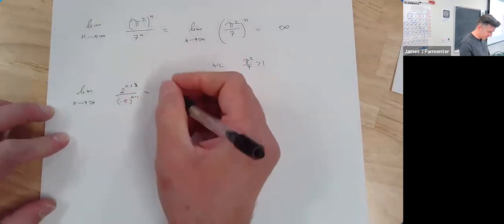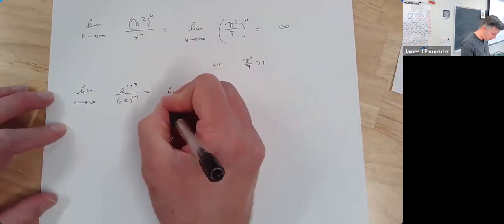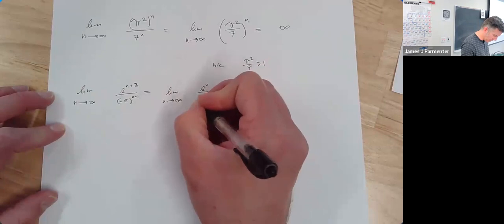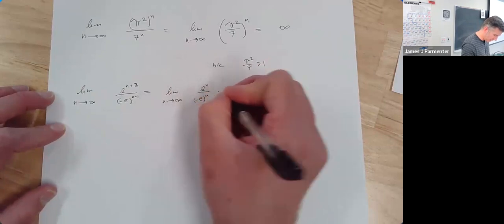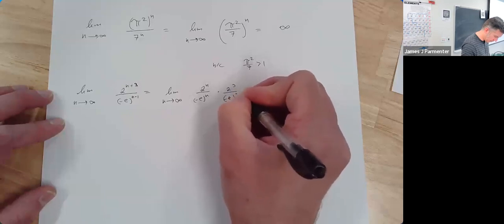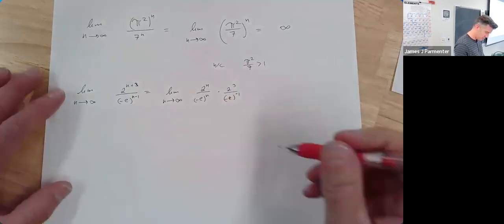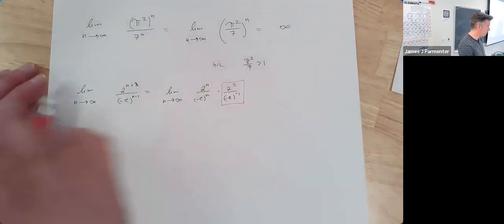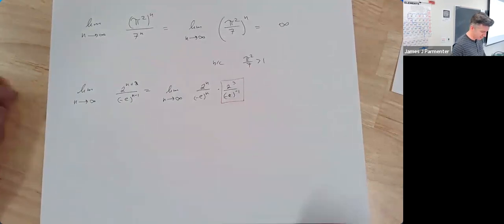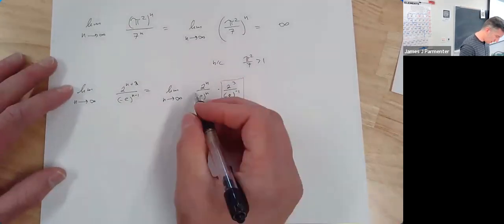We should deal with them by getting rid of them, meaning rewrite this as 2 to the n over negative e to the n times 2 to the third over negative e to the negative 1. This part here doesn't matter, except that it still needs to be there so that it's the same expression as you had before. But it doesn't matter as far as what this limit is going to be, because that's just a constant. It's, I don't know, negative 24 or something.